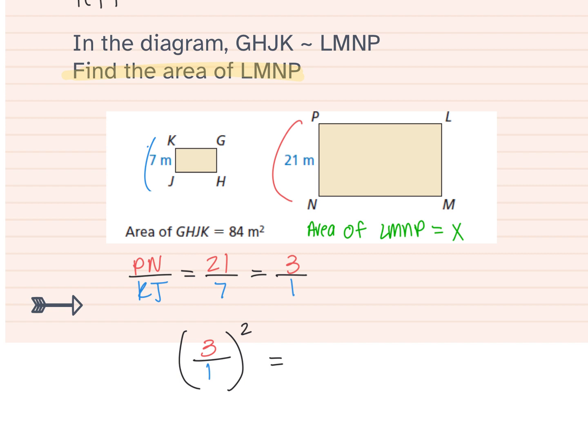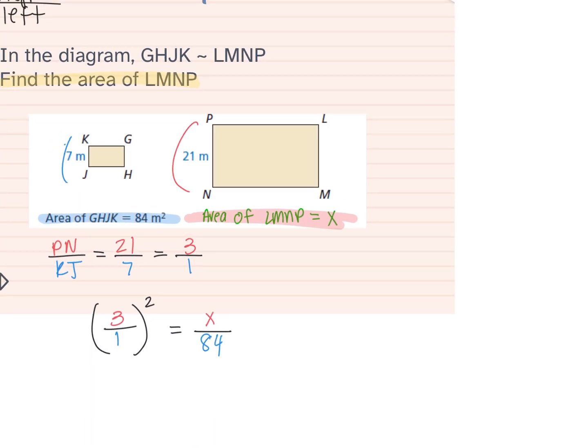The area of my red side or my blue side? They're giving me the area of my red side? No. They're giving me the area of my blue side. So I'm going to write it with my blues. So I'm going to have 84 over, do I know the area of my red side? No. X. Now I have to solve for that X.